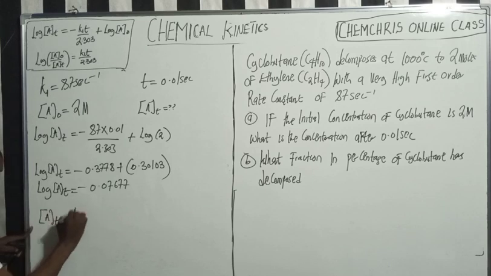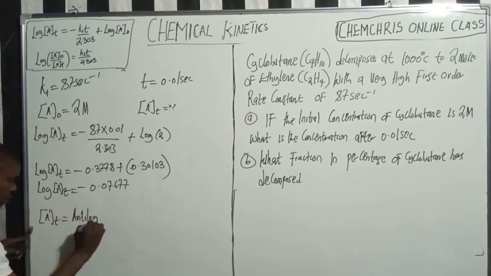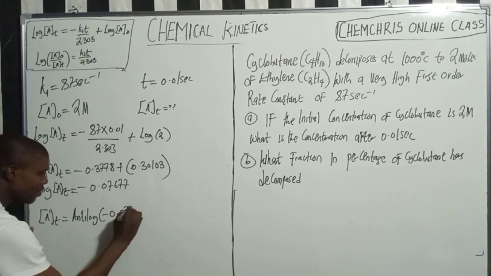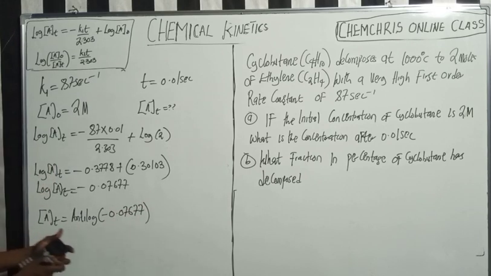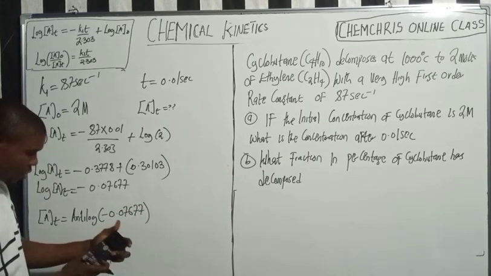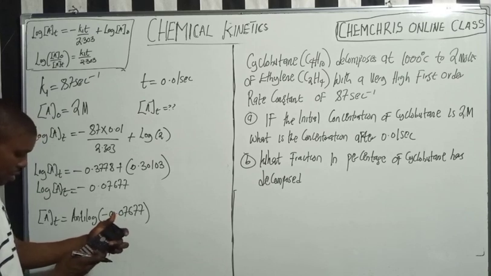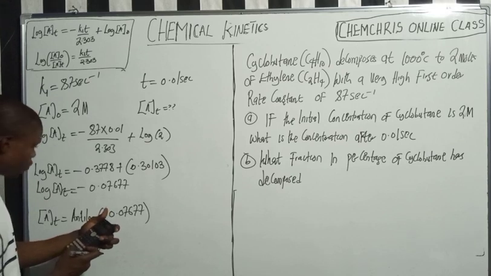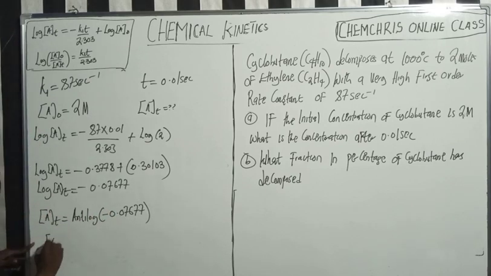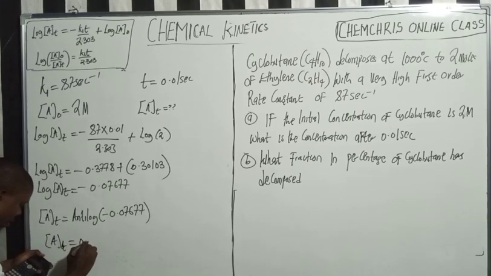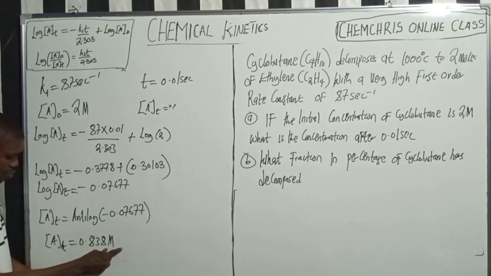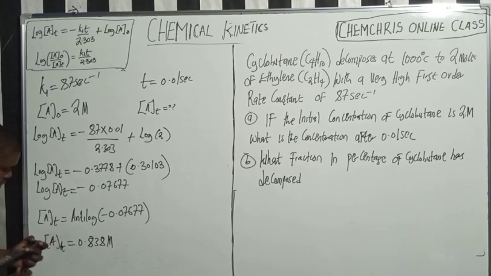At equals anti-log of minus 0.07677, right? So let's see what we can do here. Shift log, minus 0.07677. So At equals 0.838 molarity. That is my final concentration.